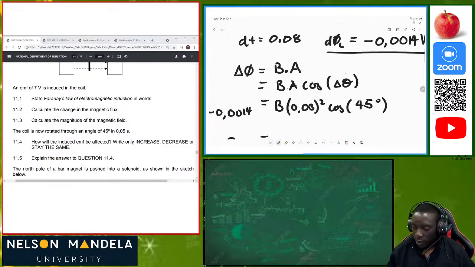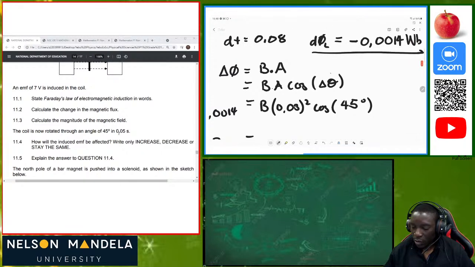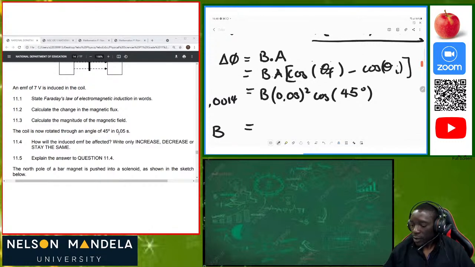Okay, I think this should be cos 45 minus cos 0, right? It should be like a delta cos theta there: cos theta final minus cos theta initial. Yeah, like that.